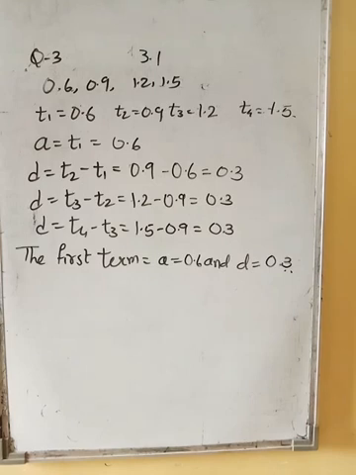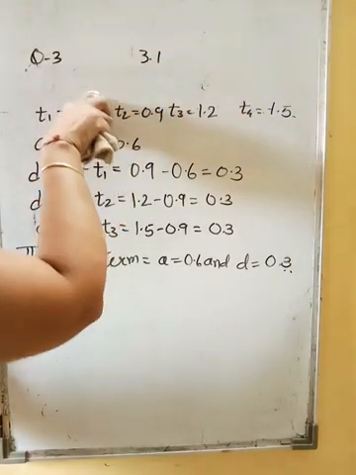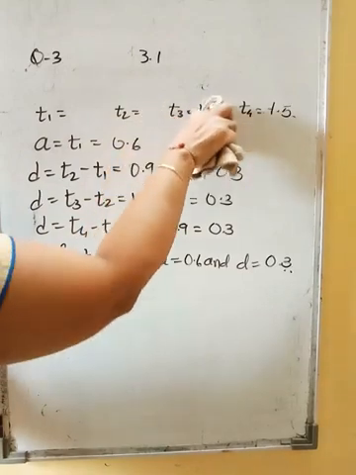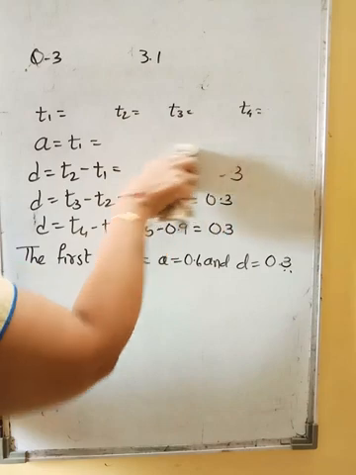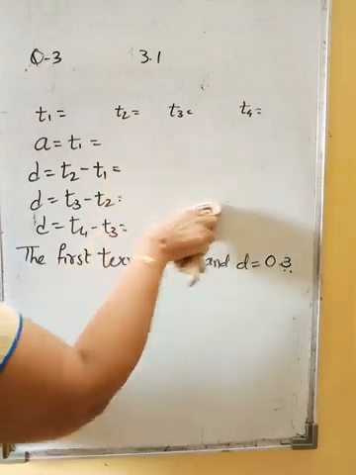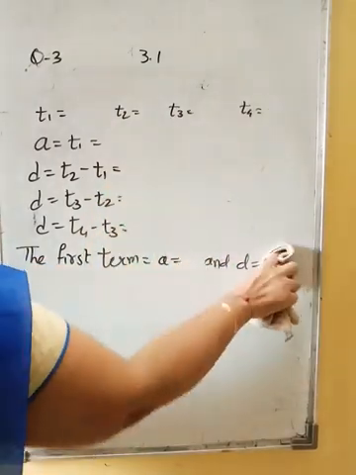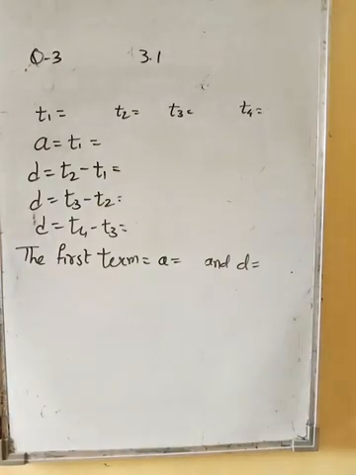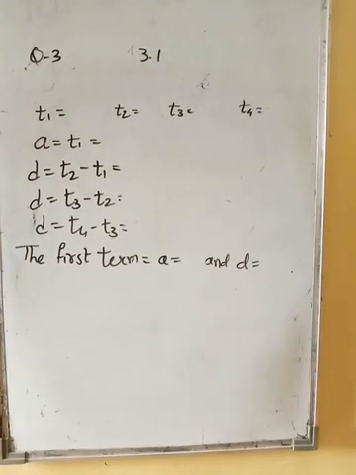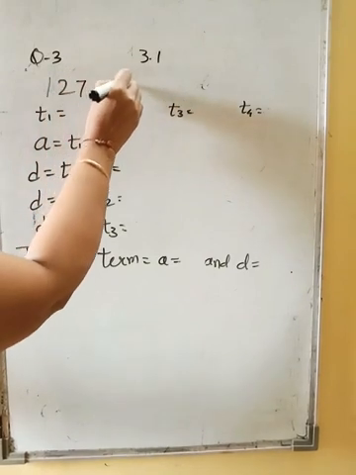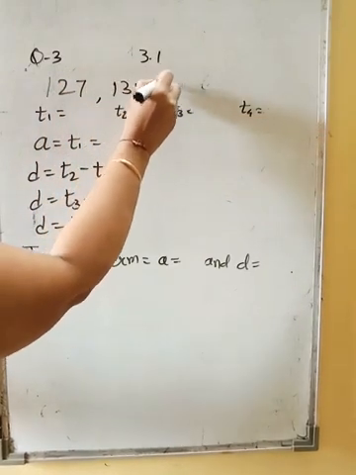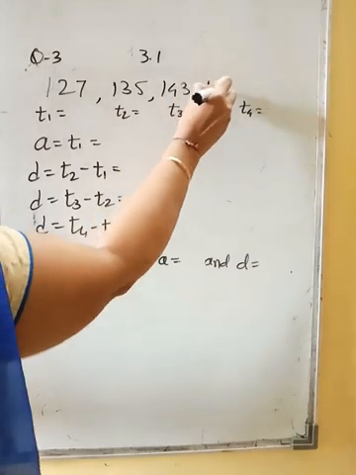So we'll move on to the third one. So write the sequence. Given AP 127, 135, 143, 151.